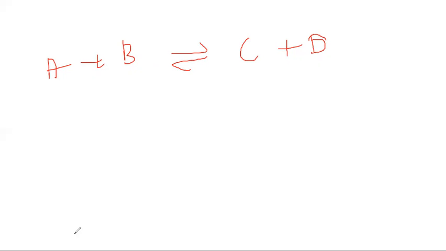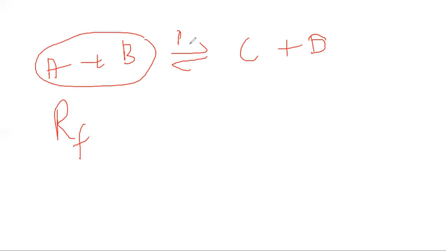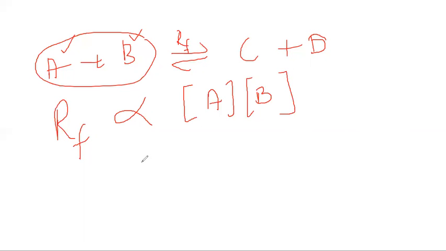So the rate of the forward reaction, which means A and B are reacting, that's why the reaction is forward, is directly proportional to the concentration of the species. So the species are A plus B. So the active mass of A and the active mass of B means concentration in moles per dm cube.